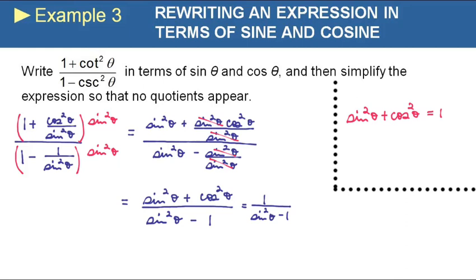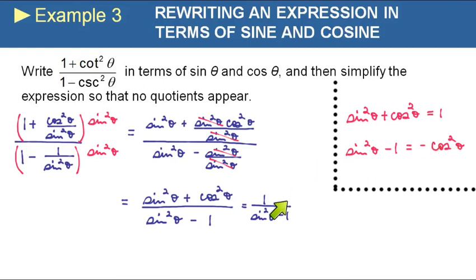Now, if you think about our Pythagorean identity, I'm trying to make a substitution here. For sine squared theta minus 1, I look at my Pythagorean identity that contains sine squared and figure out a way to make it say sine squared minus 1. If I just subtract 1 from both sides and then subtract cosine squared from both sides, I see that sine squared theta minus 1 equals negative cosine squared theta.